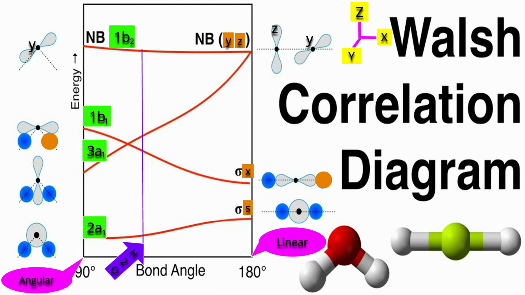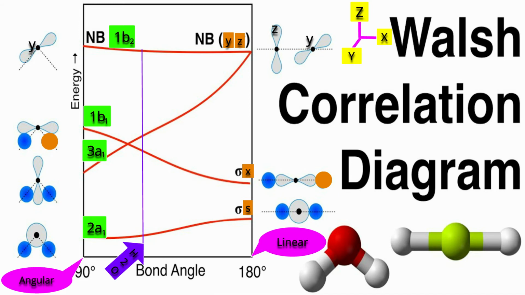So the demand of the electron present in sigma x will be that it is better linear, or with little change in the bond angle. If there is too much change, then it becomes more unhappy. So entry of electron in sigma x in the angular structure destabilizes the molecule and decreases the stability. Here we are talking about a particular energy level. So sigma x increases in energy with decrease in bond angle.